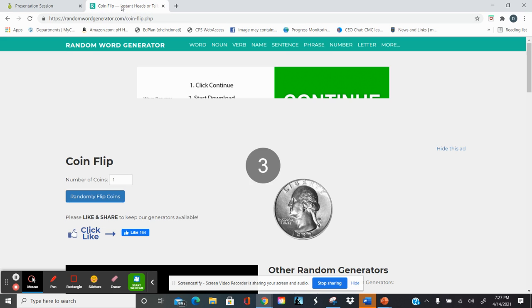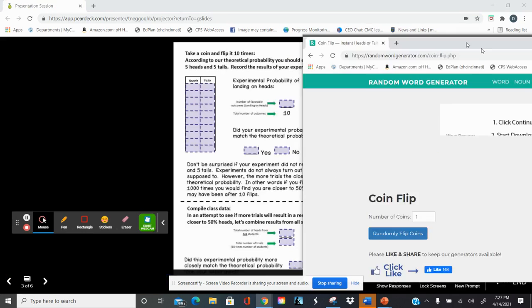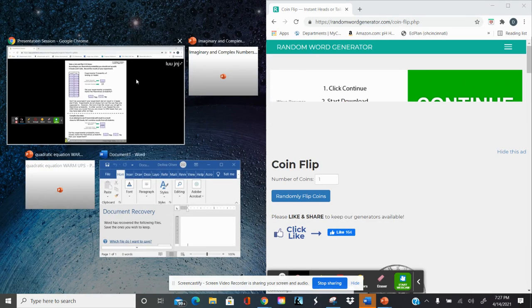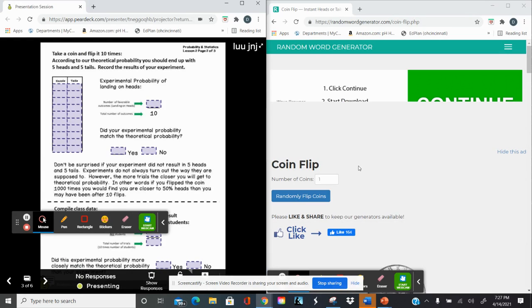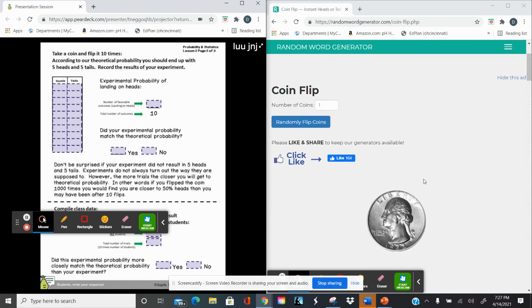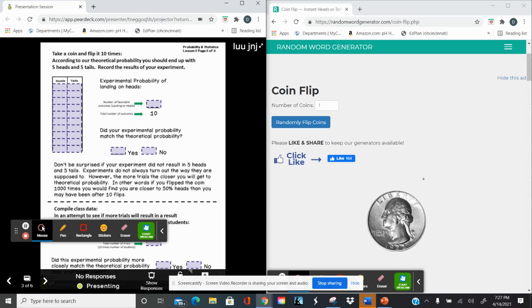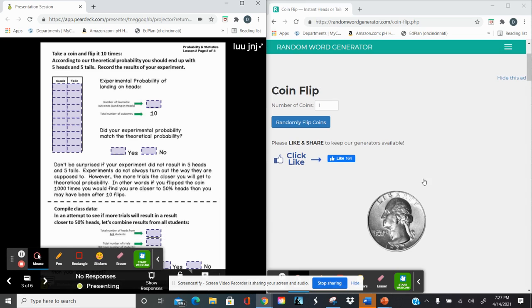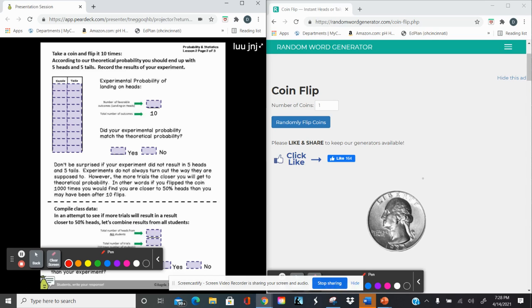I brought up a coin, and what we're going to do is flip it digitally so you can see. When we flip it digitally, we're going to record what we get, and then we're going to compare it, okay?